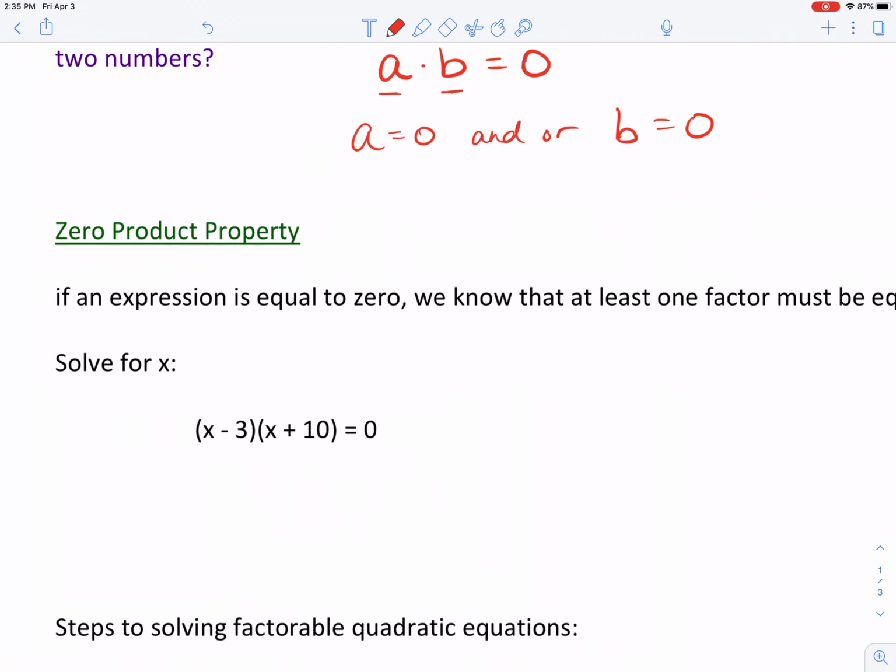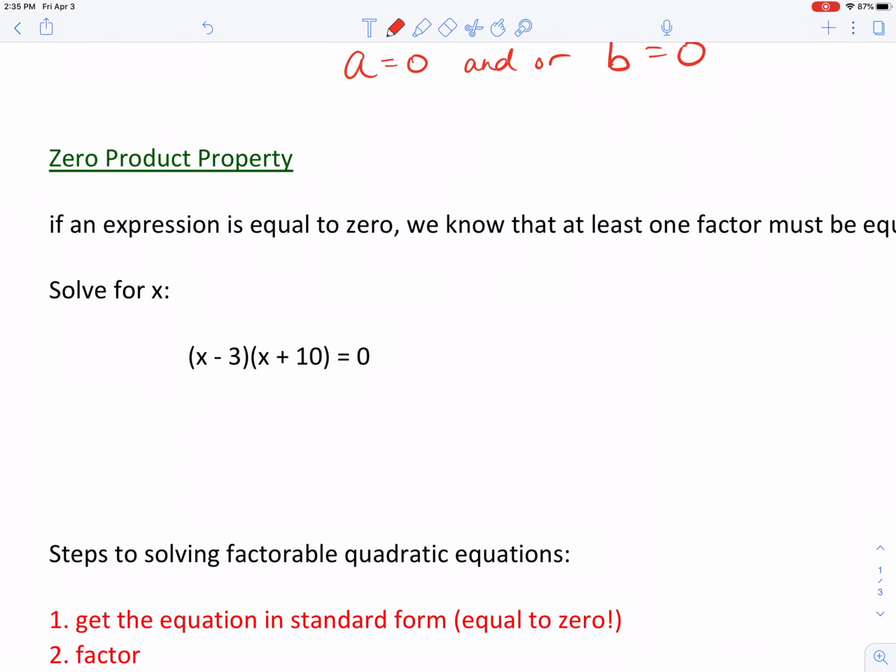After you have your two binomial factors like this, where it says that x minus 3 times x plus 10 equals 0, you know that either x minus 3 is equal to 0 or x plus 10 is equal to 0. So the way that we show work to solve the quadratic equation is we usually do what we call tee it up. We draw a line and we set each factor equal to 0.